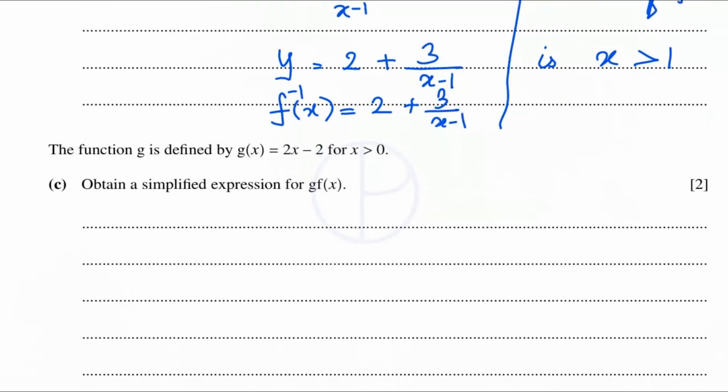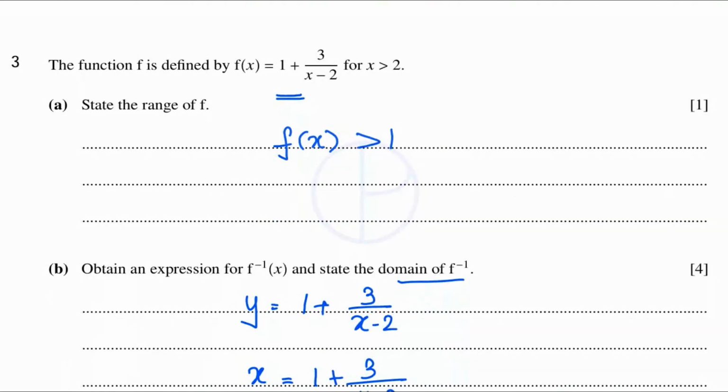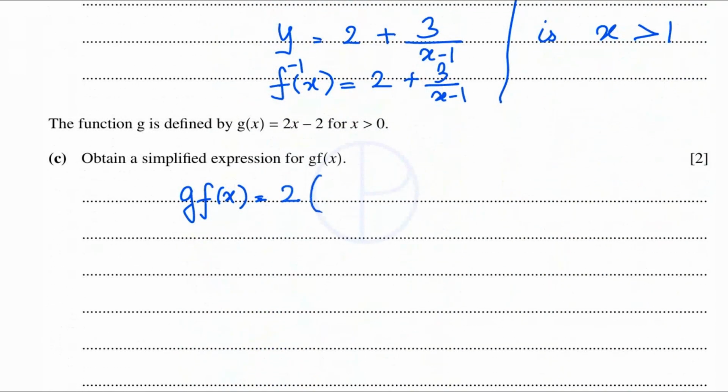The next part of the question is, the function g is defined by g of x equal to 2x minus 2 for x greater than 0. Obtain a simplified expression for g f of x. We have to substitute f of x in g of x. So g f of x equal to 2 multiplied by, for x we have to substitute f of x, which is 1 plus 3 divided by x minus 2, minus 2.